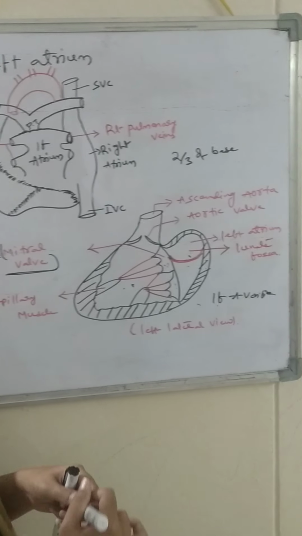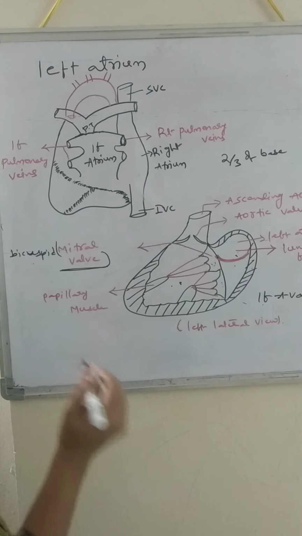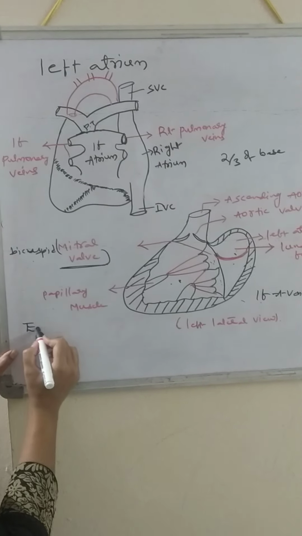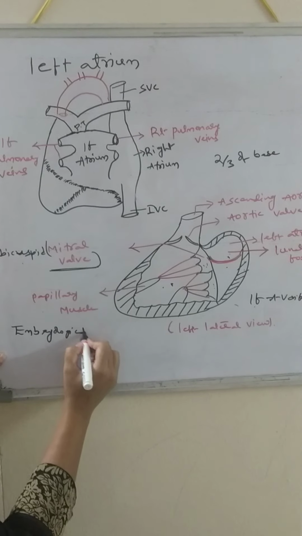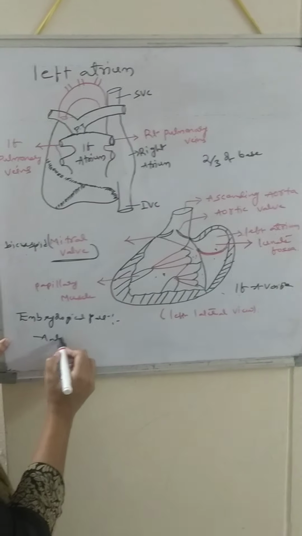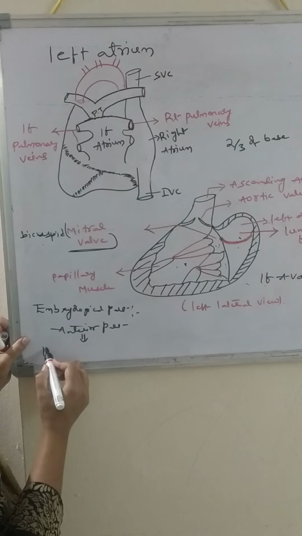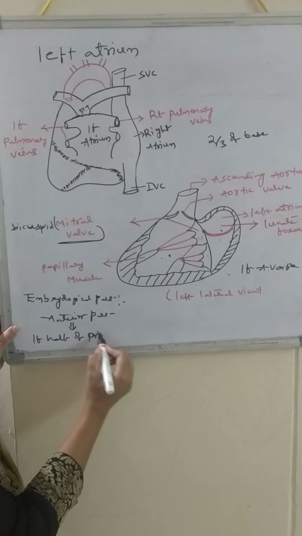Next, coming to the embryological part. The anterior part of the left atrium is formed by the left half of the primitive atrium.